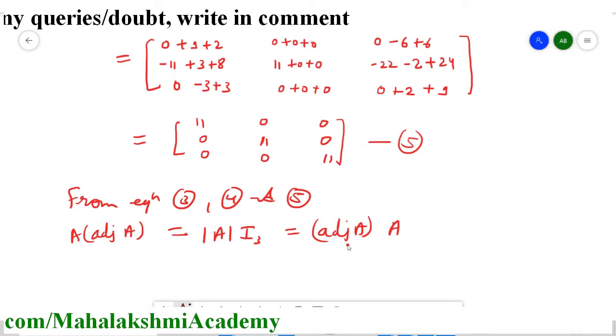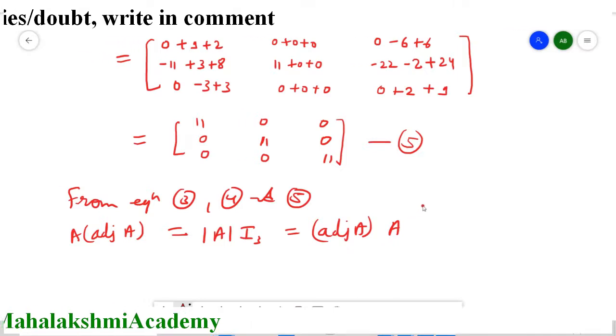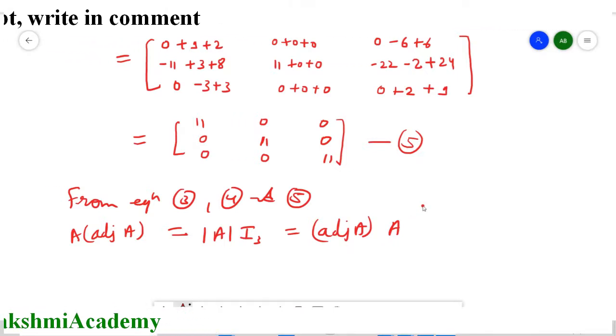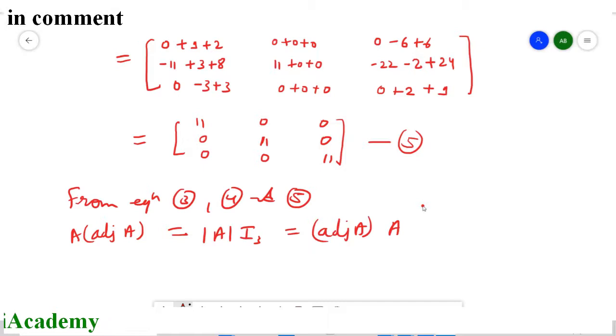So hence we prove this question. This question is only a little bit lengthy, but when you solve it, you will easily get it. Further, if you have any problem you can write in the comments so that I can clear your doubts. Thank you.